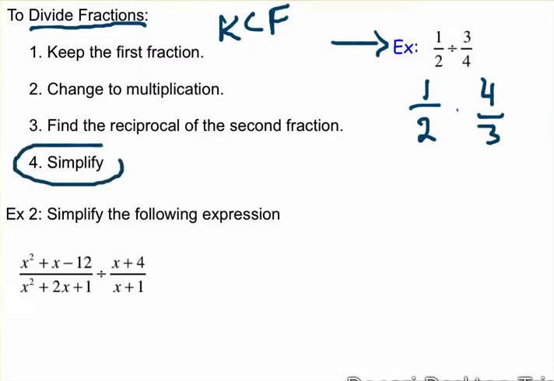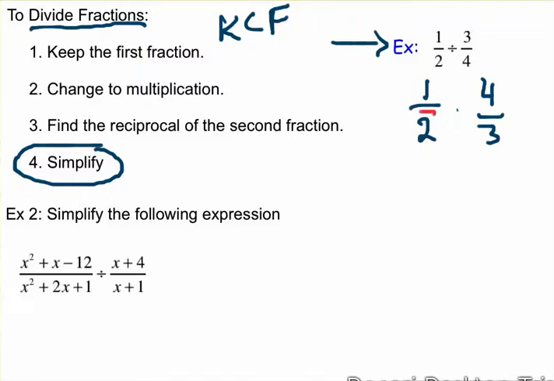And that's the part that I want to really focus on. You can simplify a rational expression or fractions when they're in multiplication form, as long as they have common factors in the numerator and the denominator. So here's what I mean by that. Take a look at, for example, 1 and 2, which is the first fraction, 1/2. They don't have any common prime factors, so you can't simplify 1/2.